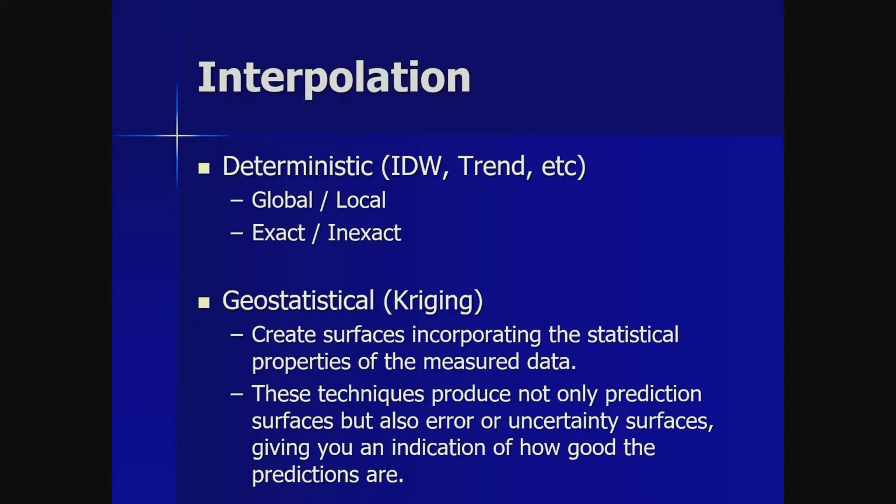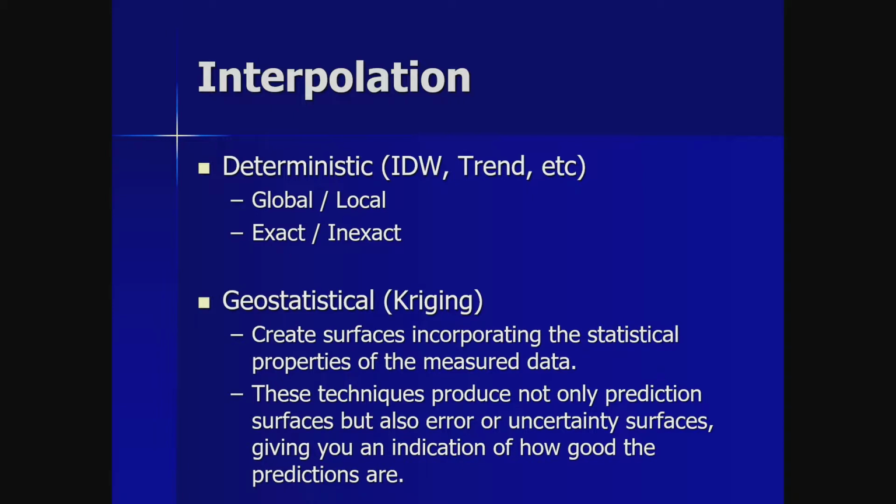This spatial interpolation is deriving a surface from point data, from point observations. The first one that you probably have been introduced to in the introductory GIS course, I don't know how deep you get into it, but you may have learned about deterministic methods for interpolation, like IDW, which stands for inverse distance weighting, and trend, which is a trend surface.